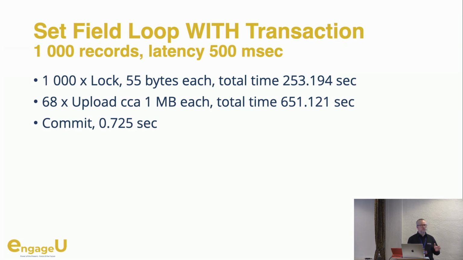As you know, or may know, when you change a record, even if you change just a single field, FileMaker always sends the whole record to the server. And then all the other clients have to download the whole record from the server.